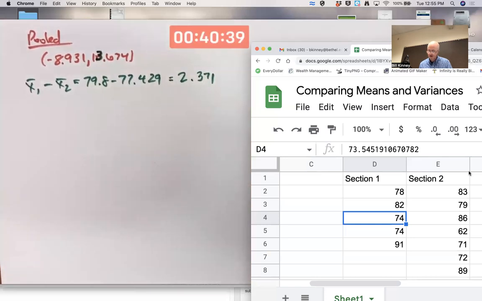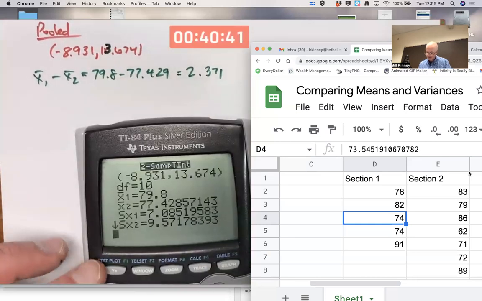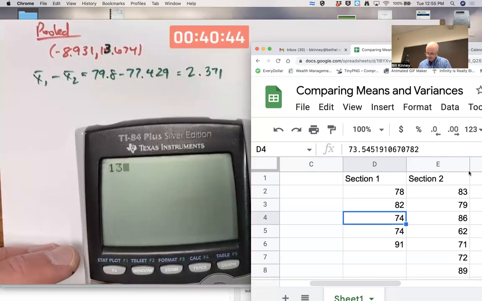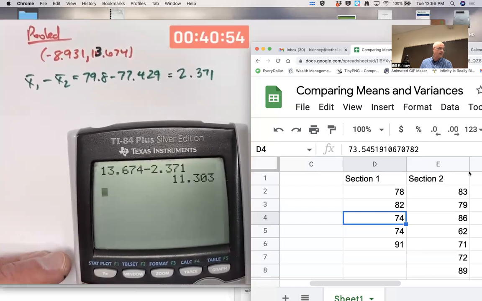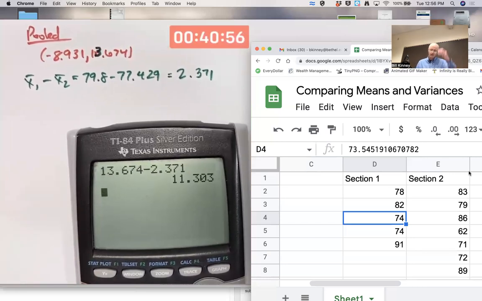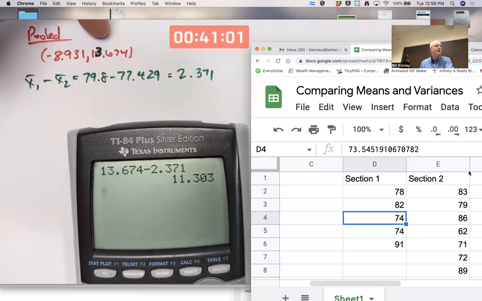You can figure out the margin of error by taking the right endpoint, 13.674, minus the estimator value 2.371. Looks like the observed margin of error is about 11.3. Yes, this contains both negative and positive numbers. It contains 0. We don't have much evidence that mu1 and mu2 differ. We don't really have any evidence that they differ.